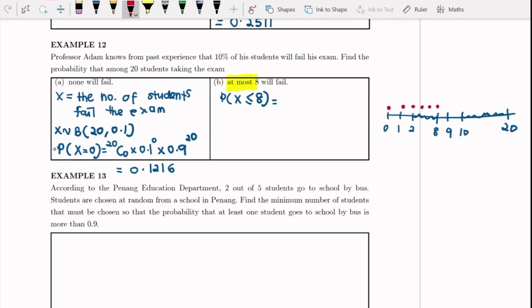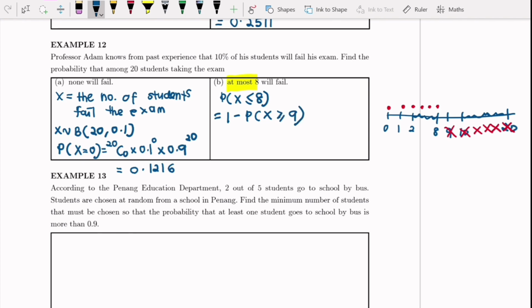We don't want from 9 up until 20. So what we can do is probability x less than or equal to 8 is equal to 1 minus probability x greater than or equal to 9.